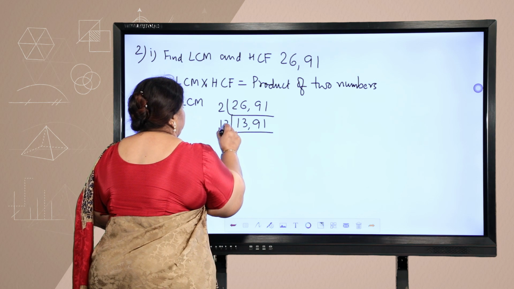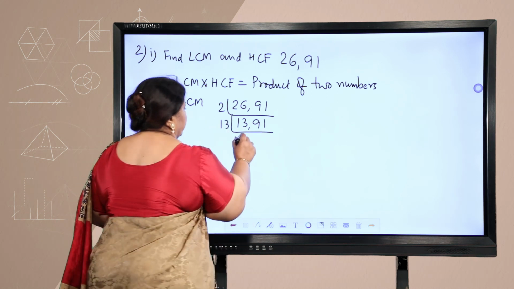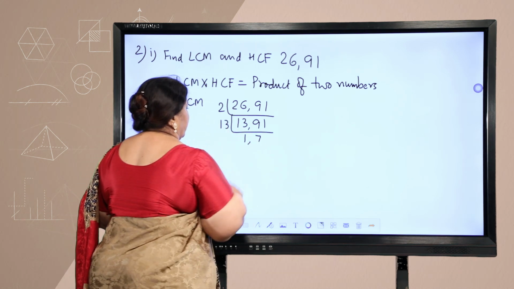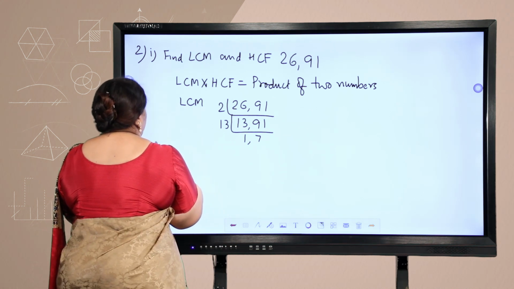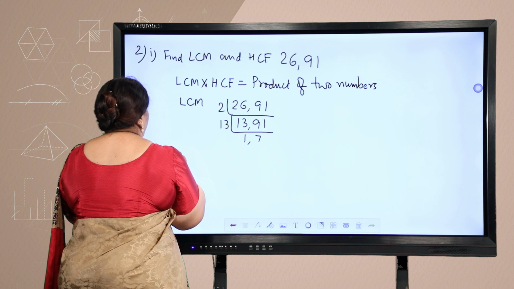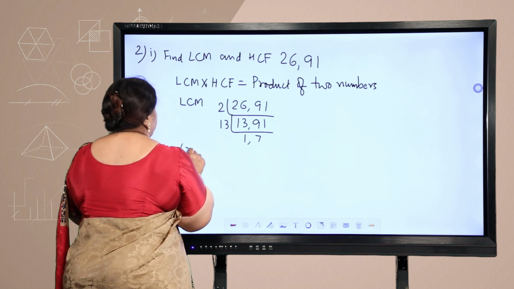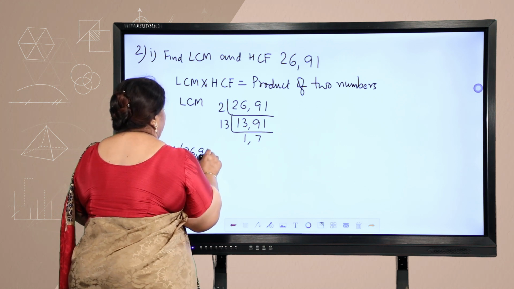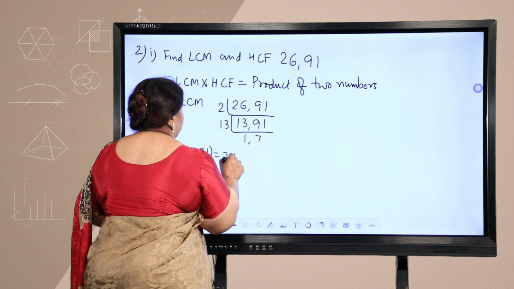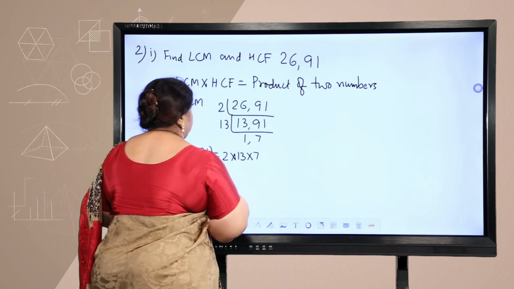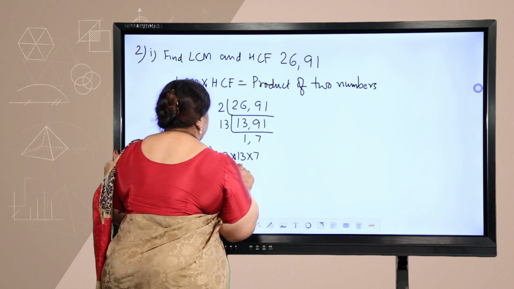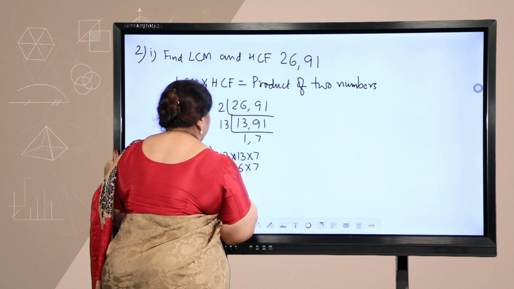Now, 13 is the next prime number, 13 ones are 13 and 7 13s are 91. That means, I could write down the LCM of 26 and 91 as 2 into 13 into 7, that is 26 into 7.